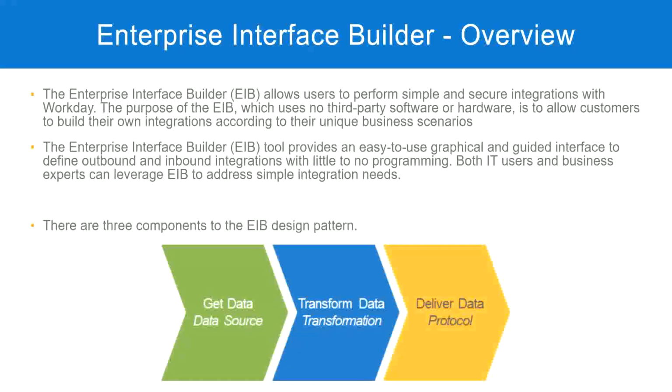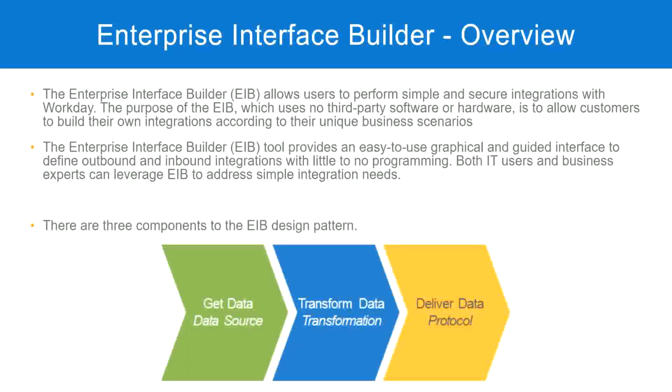The second step would be to modify the data, or translate the data, or transform the data into a format expected by the recipient. You have to convert it to a format expected by the recipient. That is transform data. The third step will be to send the data to the recipient or to deliver the data.